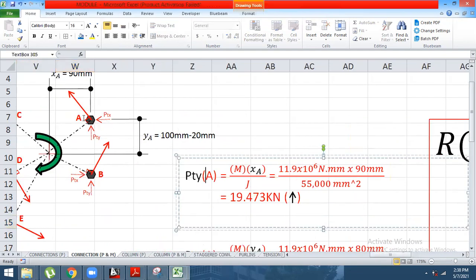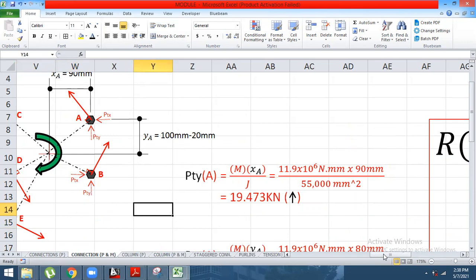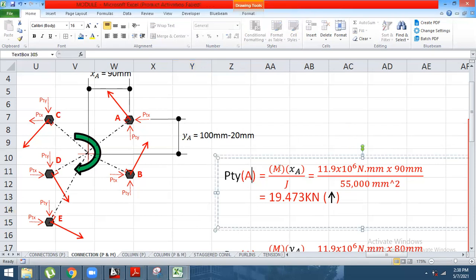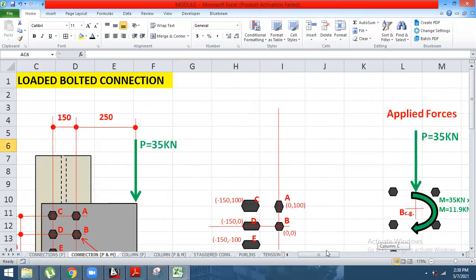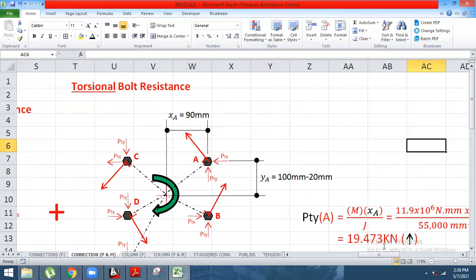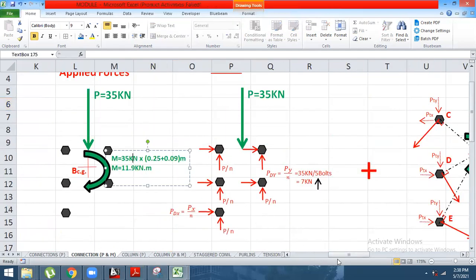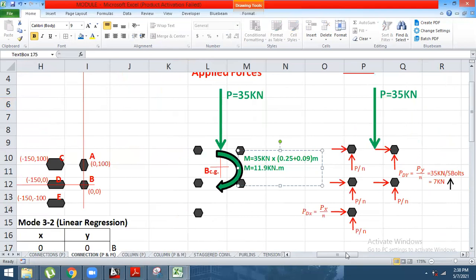For the PTY at A, that is M times x_A over J. What does it mean, sir? That is the torsional resistance PTY, where the moment, na-calculate na natin yung moment, is 35 kilonewton multiplied by 0.25 plus 0.09 meters.